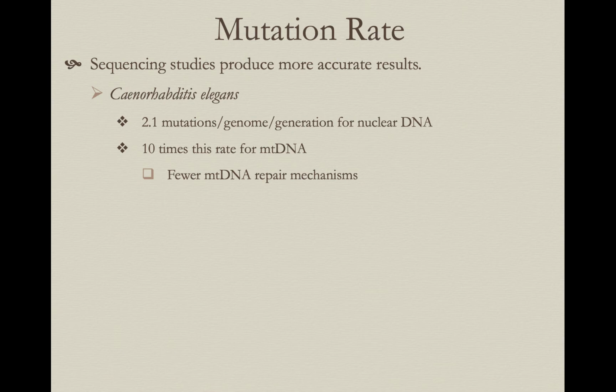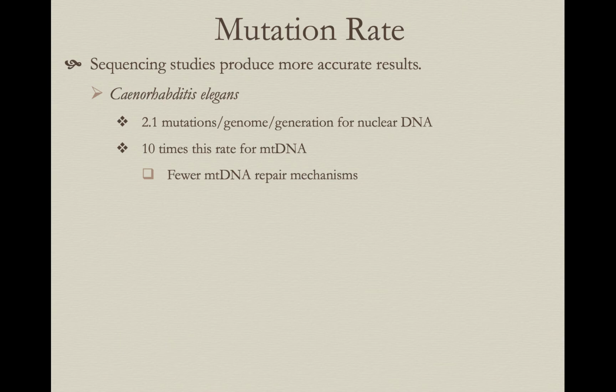The nuclear DNA is what we've been focusing on here, but there's mitochondrial DNA in animals, and then in plants we also have chloroplast DNA. And in animals, the mutation rate in the mitochondria can be 10 times that of the nuclear DNA. And in large part, this is due to differences in the repair mechanisms, and also polymerase efficiencies.